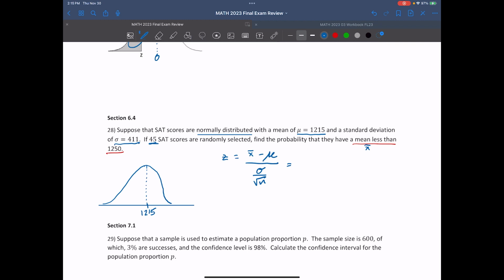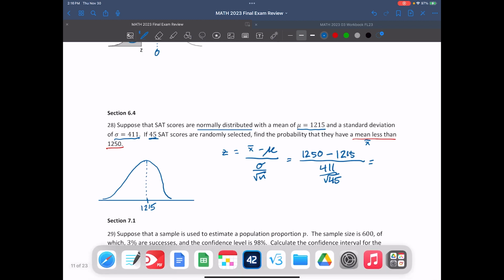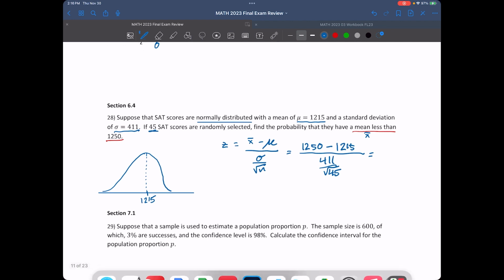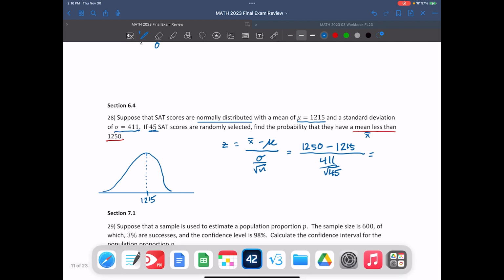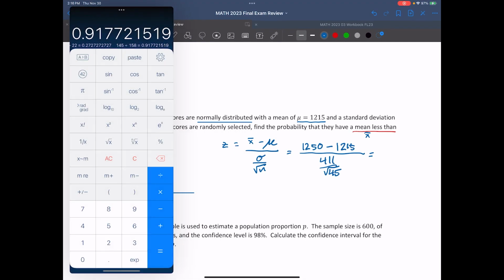So that is going to be 1250 minus 1215 divided by 411 divided by the square root of 45. That is going to give us the z-score. Let me pull this up here. We have to be careful with our computations.